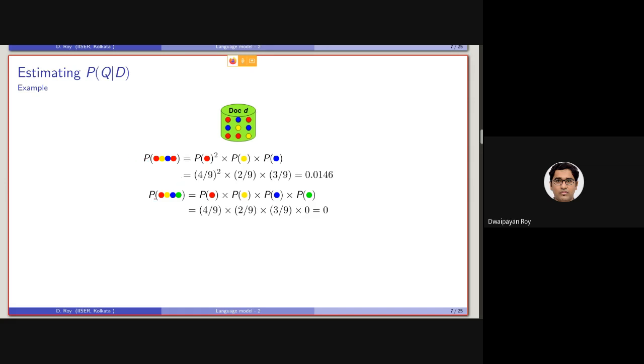Then let's consider this scenario. The query is red, yellow, blue, green. Note that there is no green ball or green term in the document.